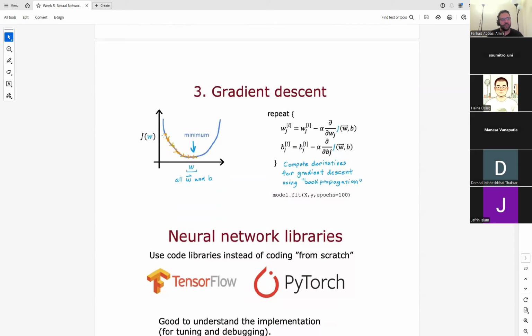If you start from this point, we take baby steps until we reach the minimum point, or the optimum point, where the cost function J is minimized. When the cost function J is minimized, it means the difference between our model and the existing data is very low. It means we have a very good fit. We have a very good model.